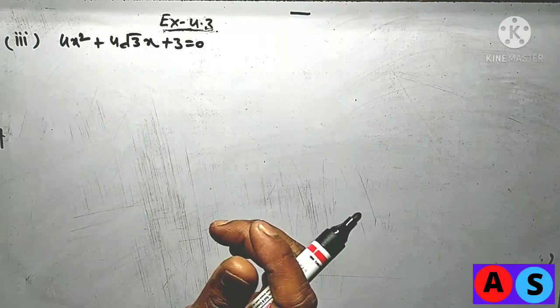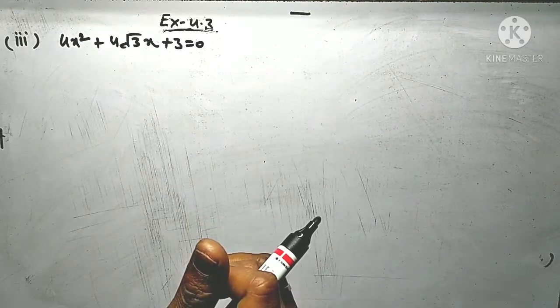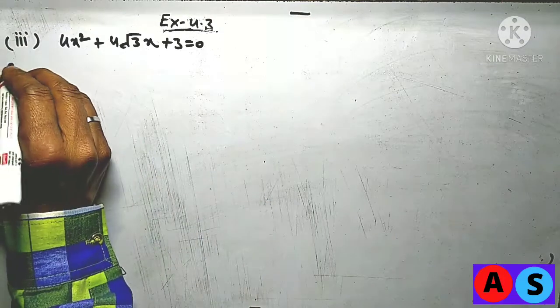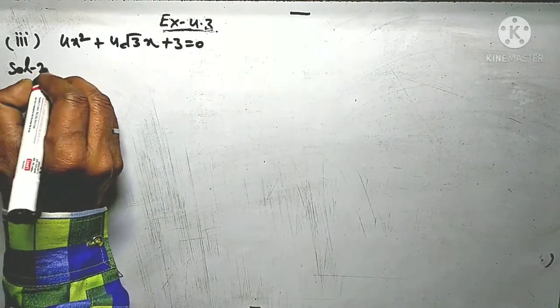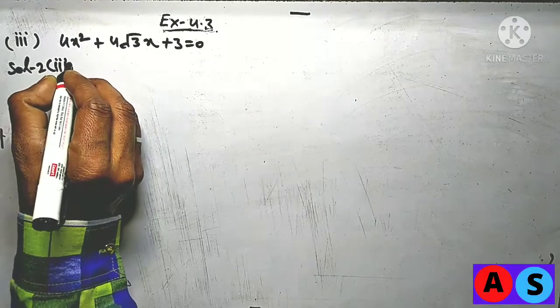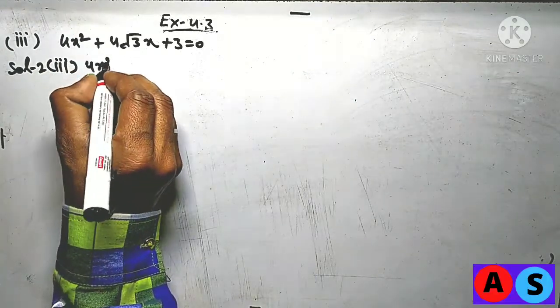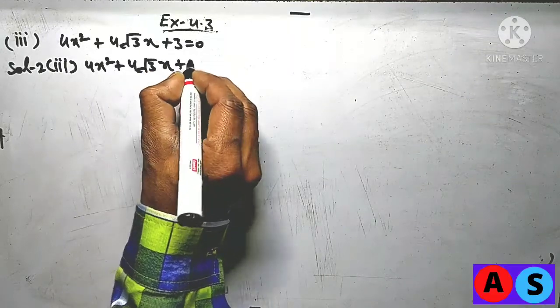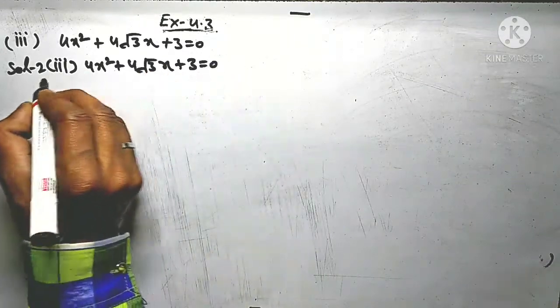Part third is given 4x square plus 4 under root 3 x plus 3 is equal to 0. So solution to part third, 4x square plus 4 under root 3 x plus 3 is equal to 0.